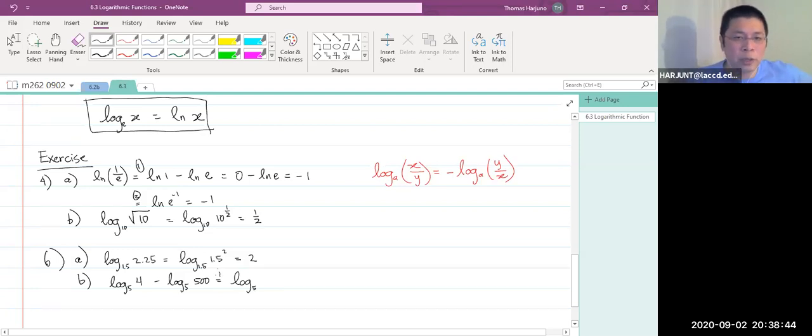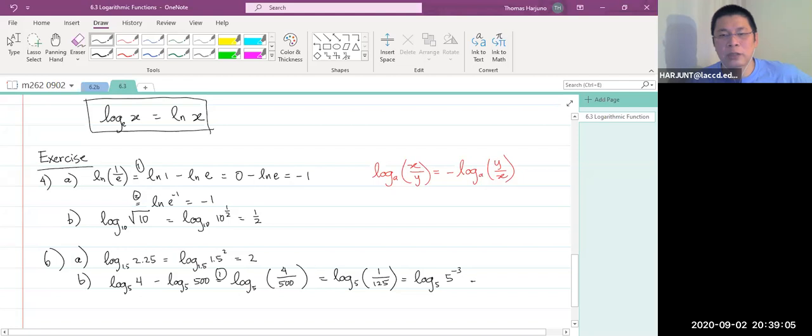Let me call this the first way, the standard way. This is log base 5 of 4 over 500, which if we reduce, I get log base 5 of 1 over 125, which is log base 5 of 5 to the negative 3, so the answer is negative 3.